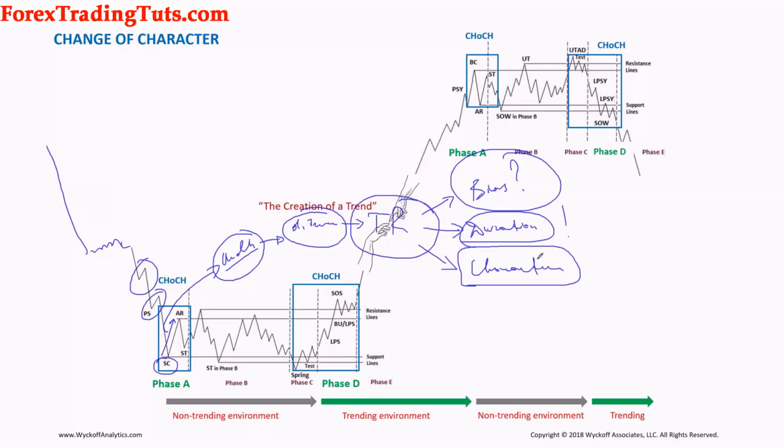The confirmation of this change of character is going to come on the next attempt to push the price lower. And this attempt will fail, and it will create a test, what we will call a secondary test. I often call this a local test to the local event, which is the climactic action.